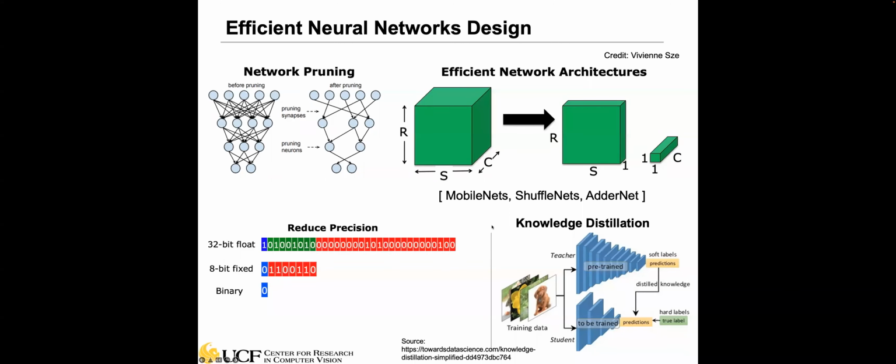And another one is the knowledge distillation. Okay, so the basic idea is that you have a teacher network, which can be a very large model. Okay, and you also have a student network, and usually it's a much smaller network. And the student network is considered the target network.